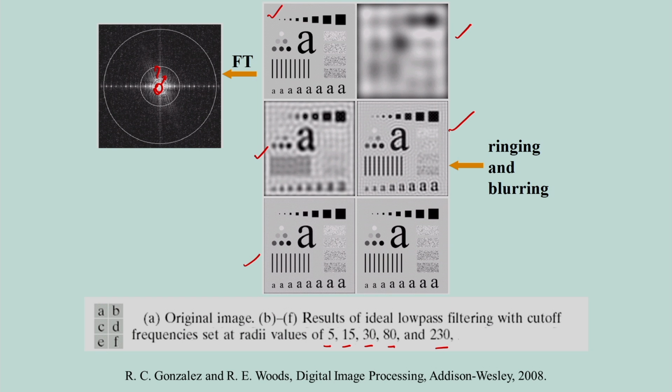But if the radius is 30, you can see some effect, rings like this. This is called the ringing artifacts. You can see the ringing and the blurring. The blurring depends on the size of the radius, that means it depends on the cutoff frequency, which is D naught.